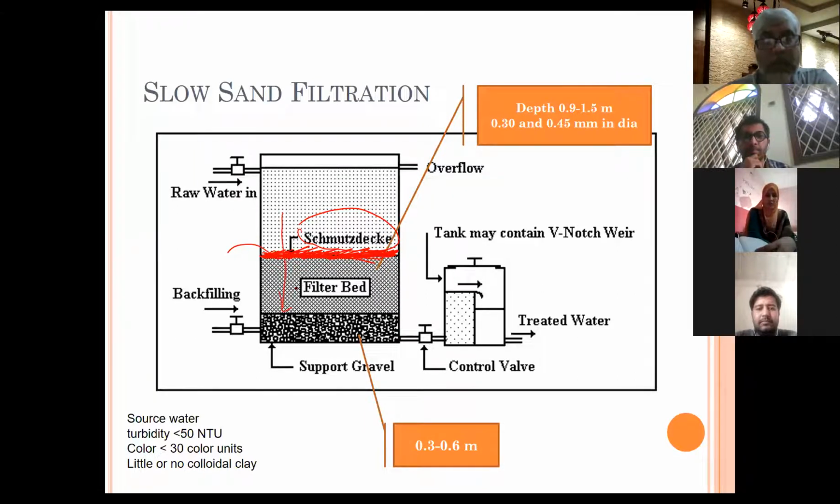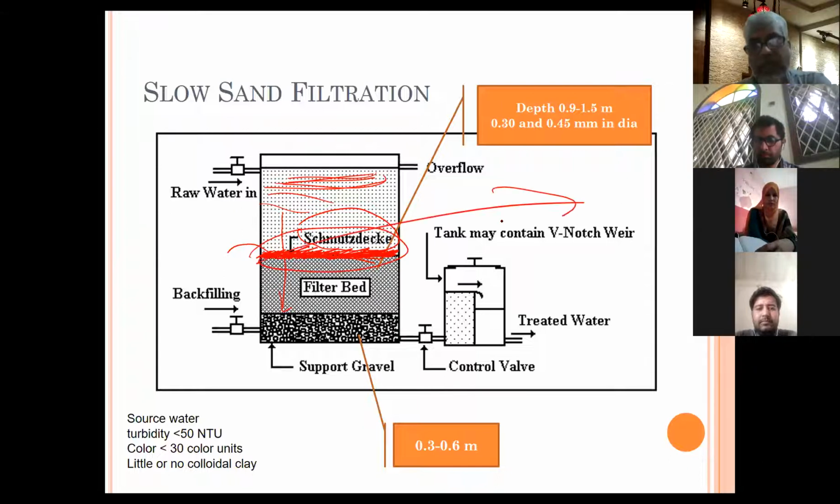When water goes down, not only is turbidity removed, but some organic contamination is also removed from the water, so this layer is important. But after some time, like 1 or 2 months of operation, you will see the head loss or water level increase, and you have to scrape it out and put a new layer on top. So you can then regenerate the media.